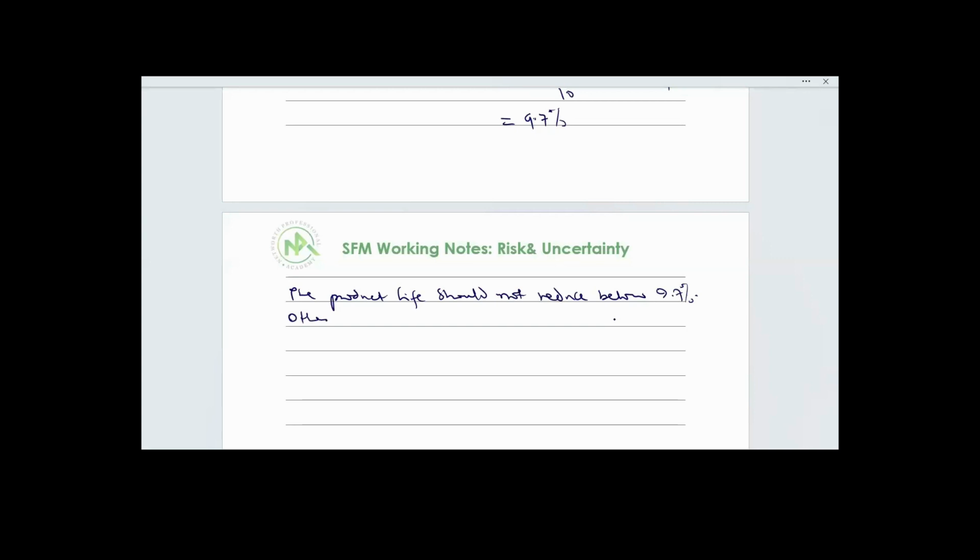Otherwise, the investment proposal will not be viable, or will become unviable, or will not be accepted, however you want to put it.